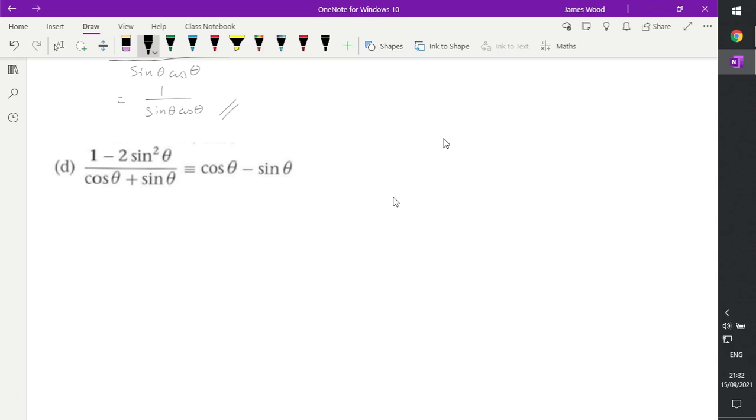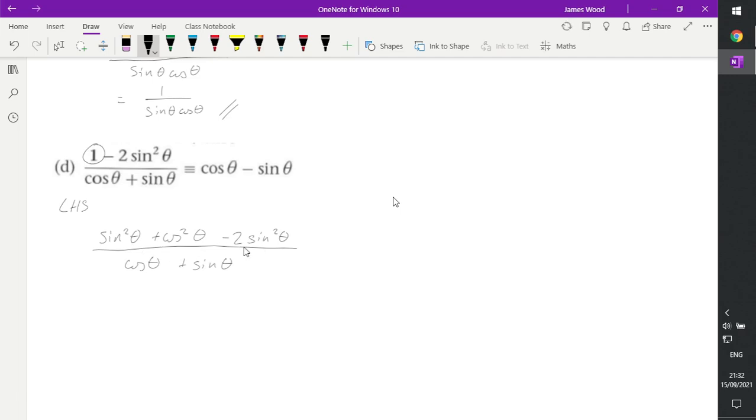Okay. What I'm actually going to do here is take this 1 and expand that 1, which might feel a bit weird if you haven't done much trigonometry before. But instead of 1, I'm going to make it sine squared plus cos squared. And I've still got the minus 2 sine squared theta, all divided by cos theta plus sine theta.